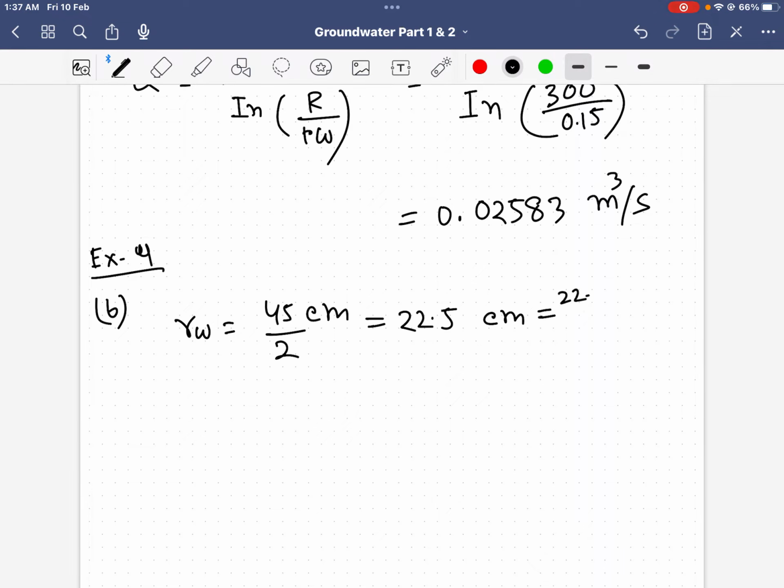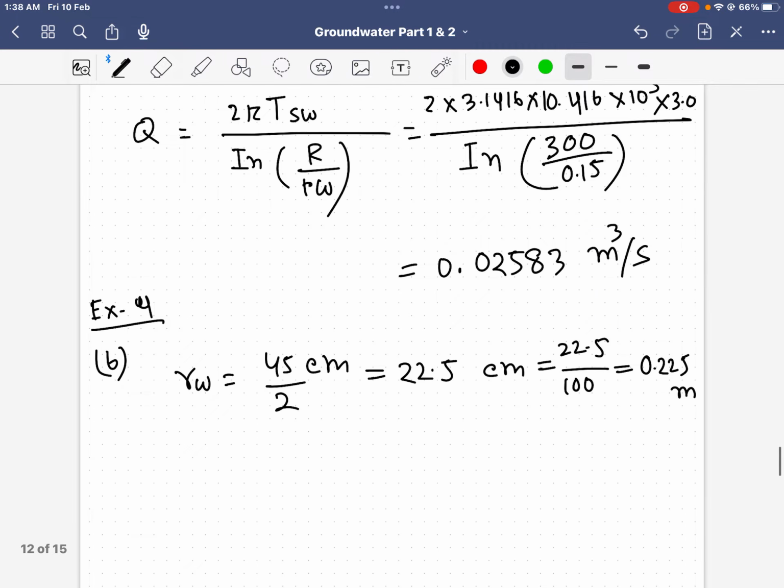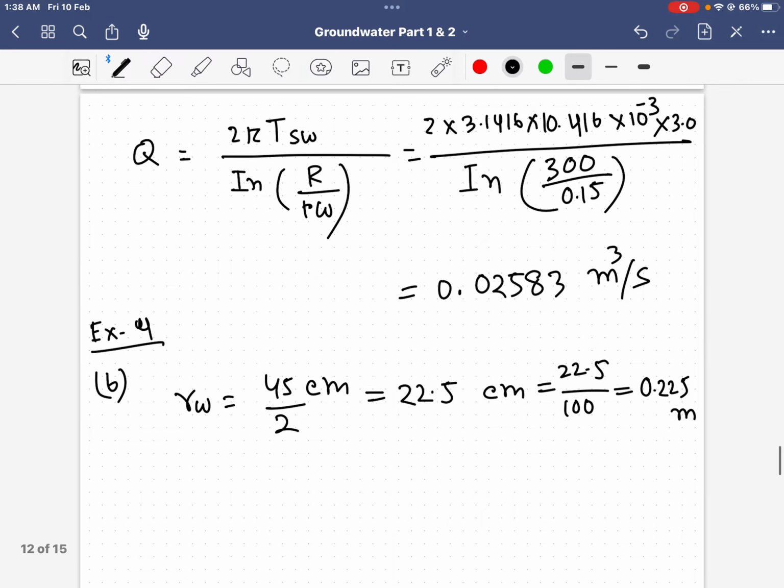Dividing 22.5 by 100, I will get 0.225 meter. All the other values remain the same, so I just change this part.